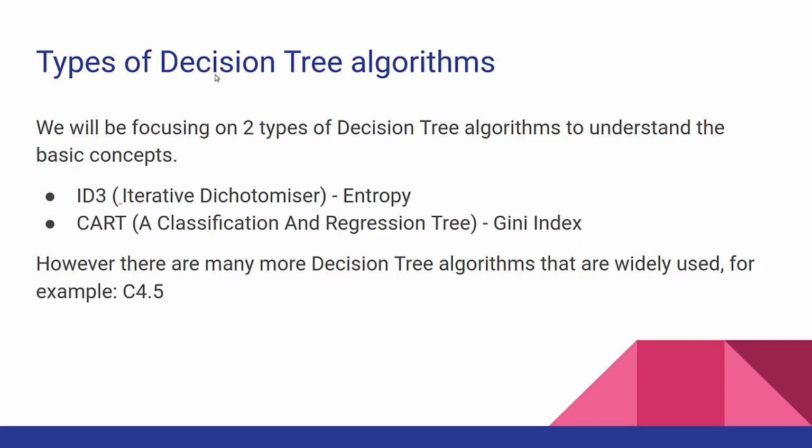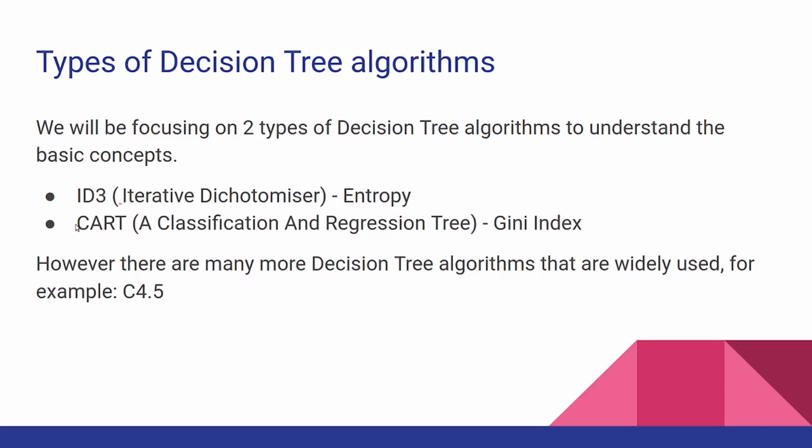The types of decision tree algorithms: we'll be focusing on two types to understand the basic concepts. One is called ID3, or Iterative Dichotomizer. The attribute selection method that it uses is called entropy. We will see all these terms in the coming lectures. This is just the introduction.